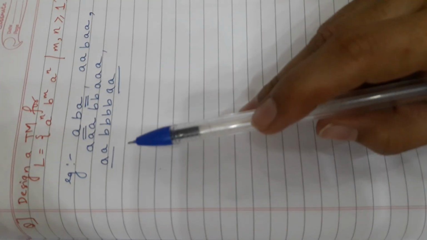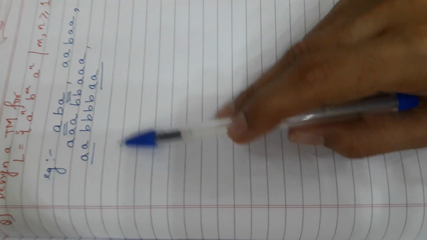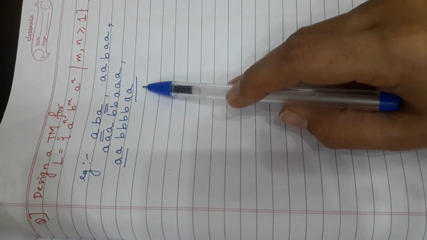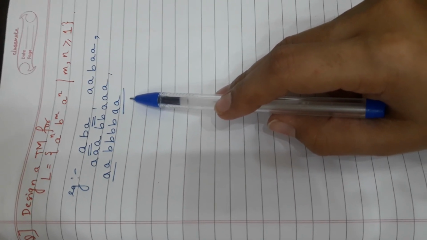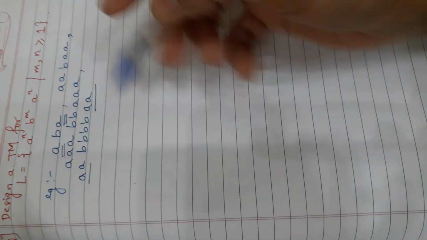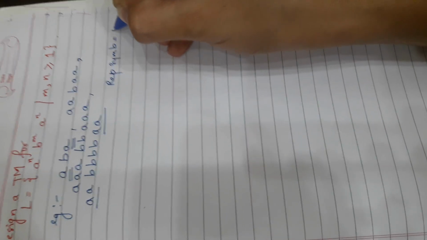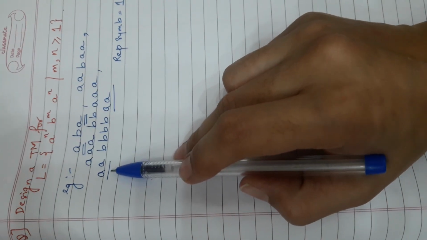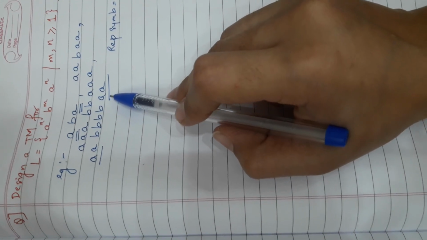Now since there are same symbols which we have to check on the left side of B and also on the right side of the B, we can use the same replacement symbol for the Turing tape, and we consider that the replacement symbol which we'll be using is 1.